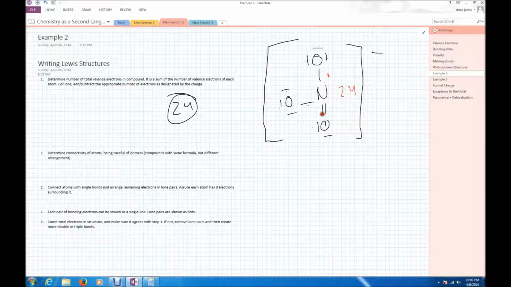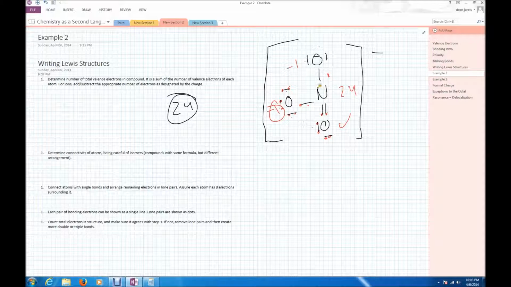So this has 1, 2, 3, 4, 5, 6. Formal charge of that oxygen is good. 1, 2, 3, 4, 5, 6, 7. So this has a formal charge of -1. And then this one also has a formal charge of -1. But now let's take a look at the nitrogen.